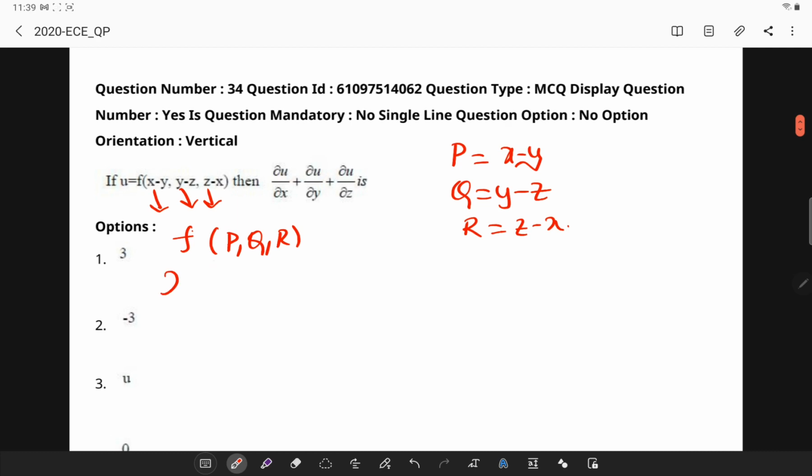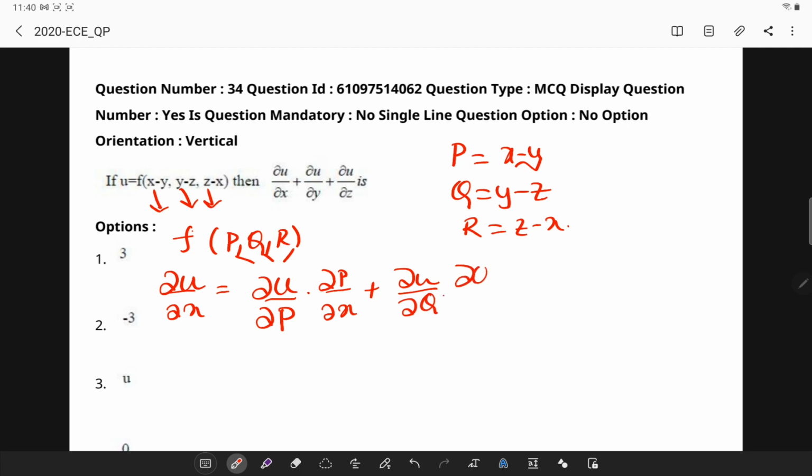So simply remember, if I have to calculate ∂u/∂x, but the function is made up of all of P, Q, R, I will write ∂u/∂p into ∂p/∂x plus ∂u/∂q into ∂q/∂x plus ∂u/∂r into ∂r/∂x, because it is made up of 3 different functions.